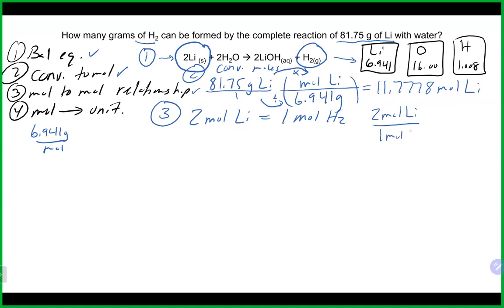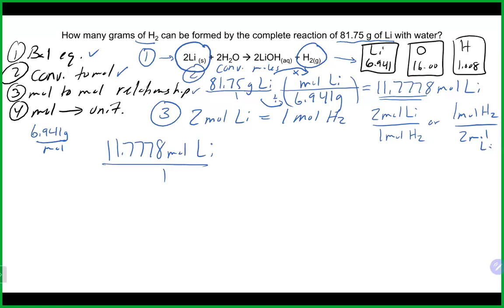If we just write them down so you can see them here, we could do that or this. Taking my number from the previous step and continuing on with it, I have 11.7778 moles of lithium. Once again, that is basically up on top.